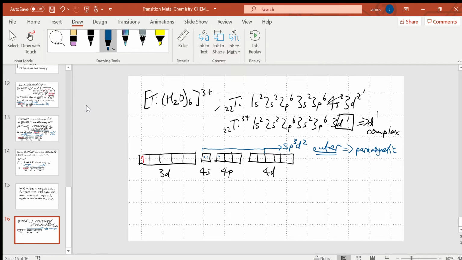Lone pairs, 6 of them from the 6 water molecules. Oh, I draw too many because I'm talking. Okay. And it's paramagnetic, obviously, because of this one here.